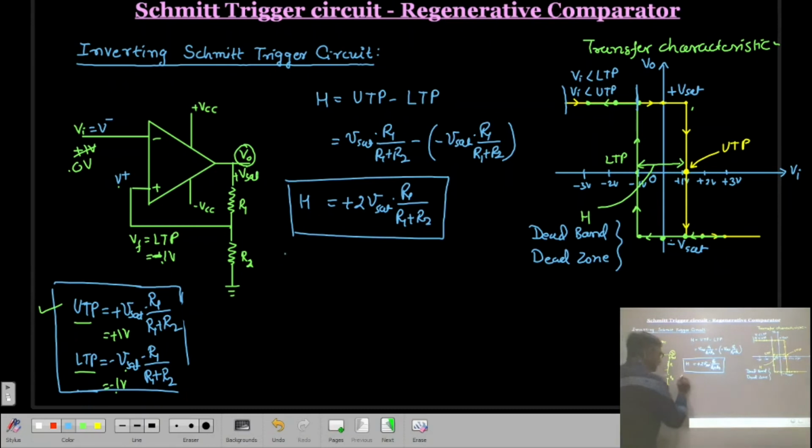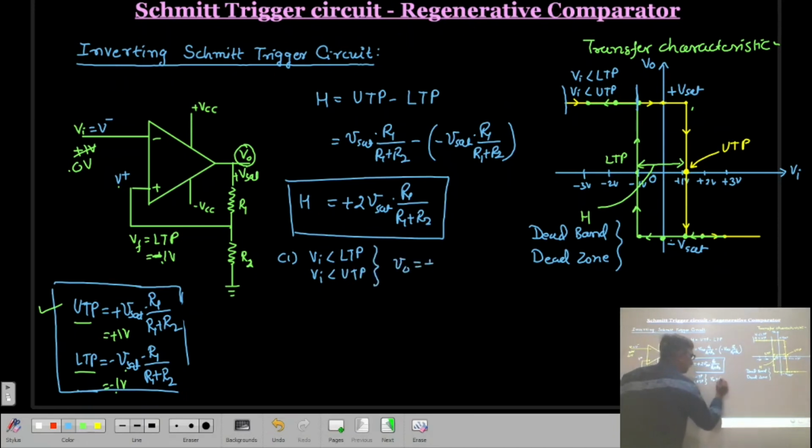So here you can say that if the input voltage is less than LTP as well as less than UTP, then in this case the output voltage will be at plus V saturation, that you can see.